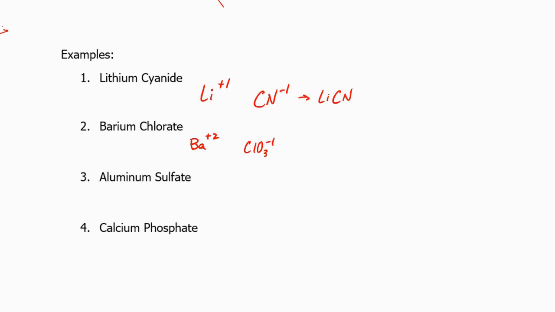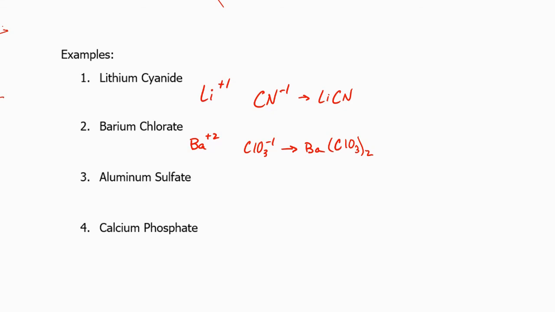So just like before, to balance out the charges, if barium is +2 and chlorate is -1, we're going to need 2 chlorates to balance out the bariums. So that means that our formula is Ba, and then our chlorate, which is the ClO3, should be in parentheses with a 2 on the outside to balance out the charge.